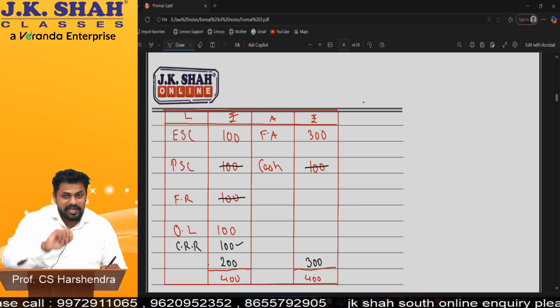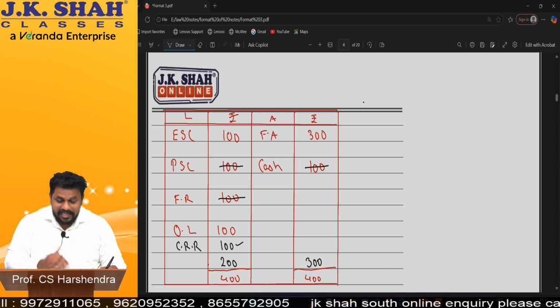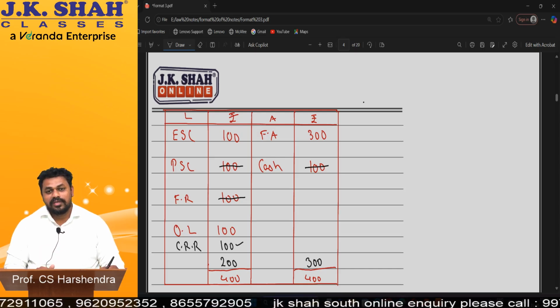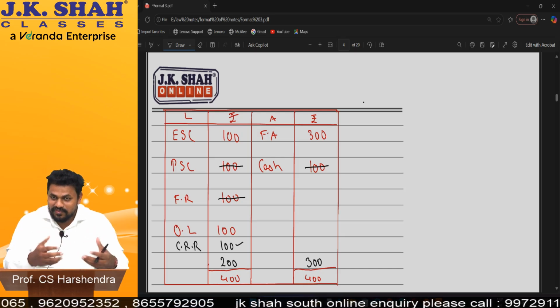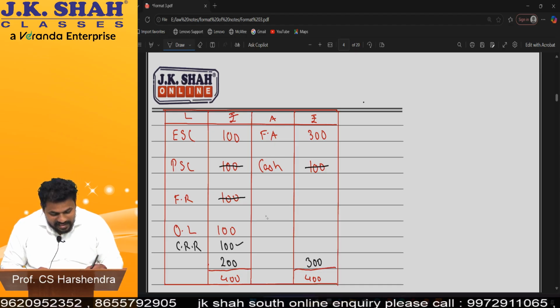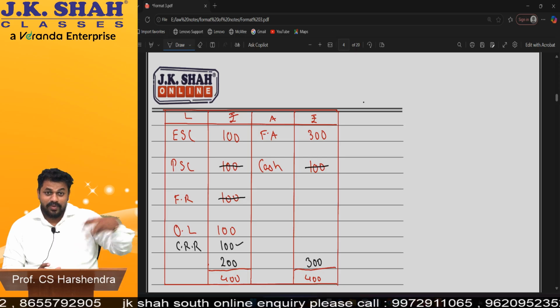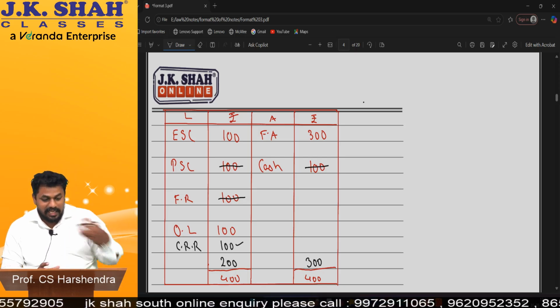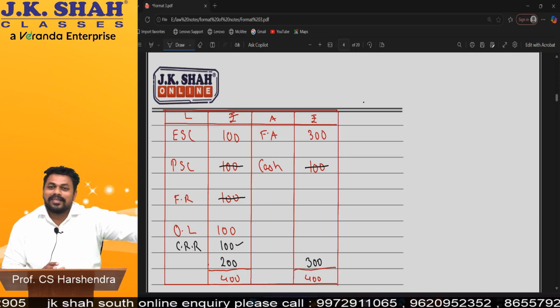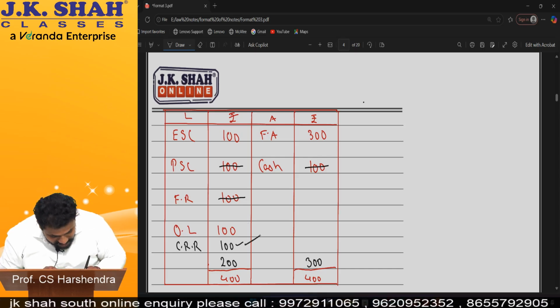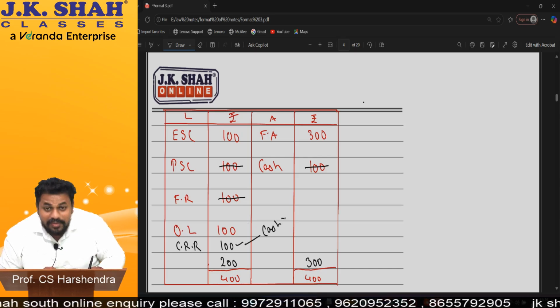Now one more reason I'll tell you. Second, sir, why can CRR be utilized for bonus issue only? Bonus issue, what? Free of cost we give shares. The reason is that generally we create a reserve whenever we have profits, when money comes into the company. Here we created a reserve by paying money. So in front of this 100 rupees, is there any cash available?